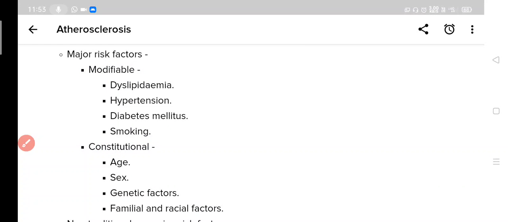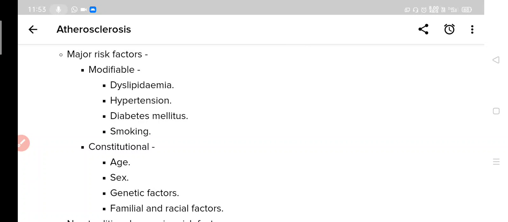What is the meaning of modifiable? Modifiable risk factors are those which you can change, which you can alter. The second class is constitutional risk factors.